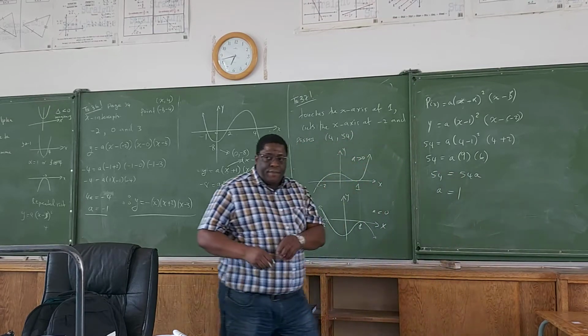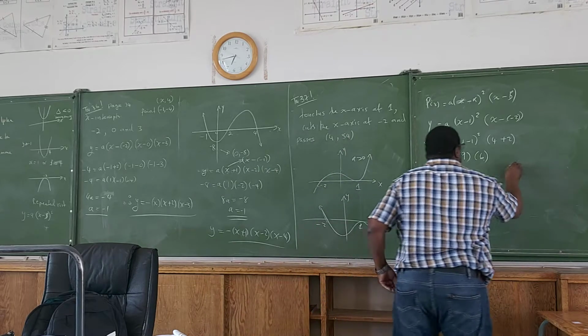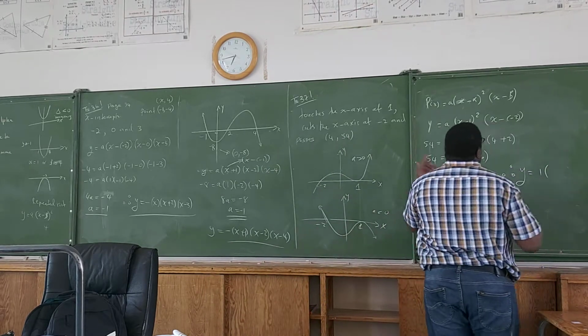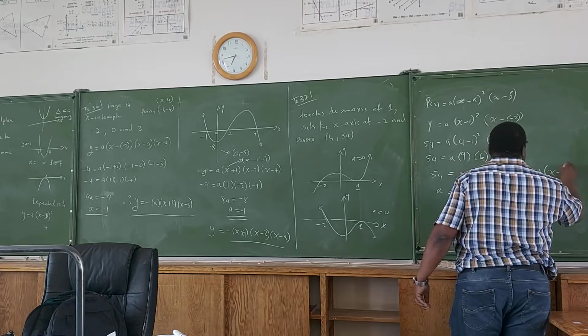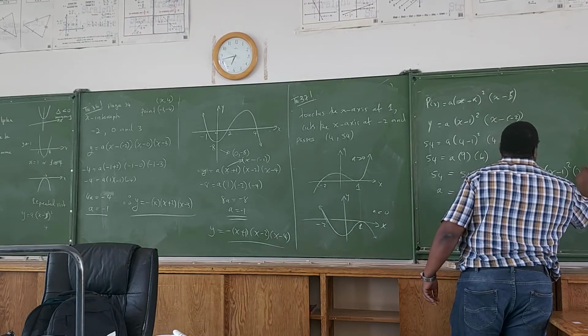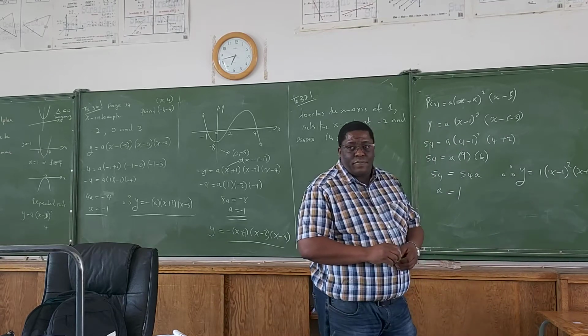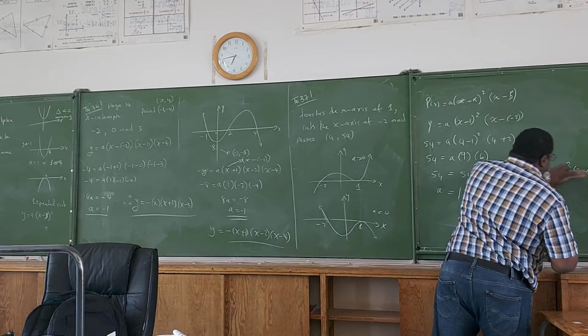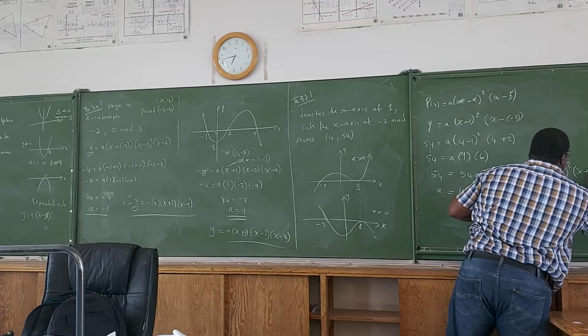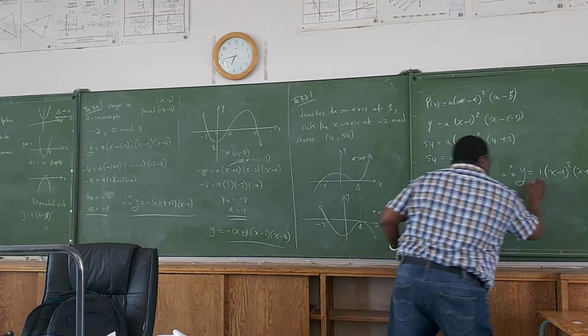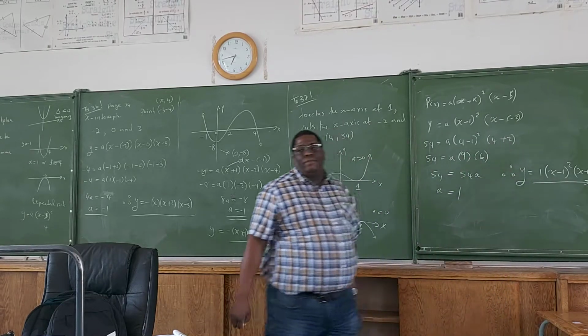Our a equals 1. So our equation is y equals 1, which you don't have to write, times x minus 1 squared, and x plus 2. You don't need to write it, but I'm writing it just in case. There are special circumstances where special things tend to happen.